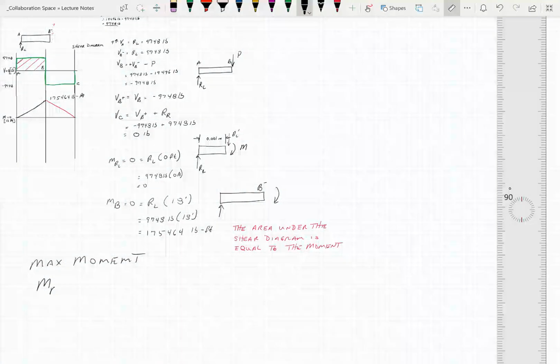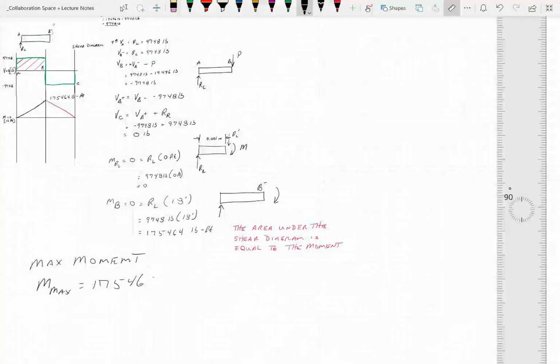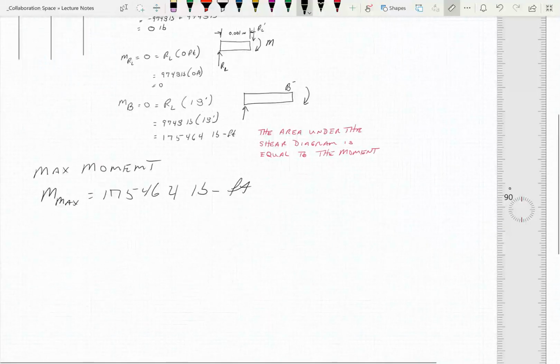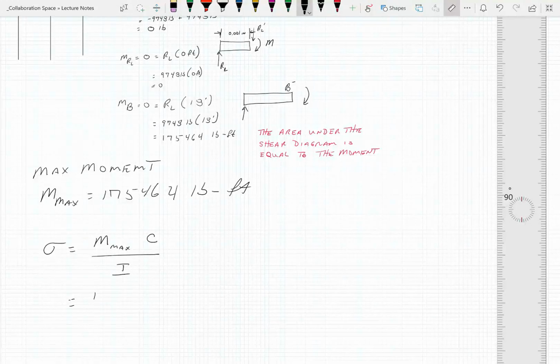with M max equal to 17,546 pound feet. Okay? So literally I can come in here now and we can do sigma is equal to max moment times C over I. So 17,546 pound feet.